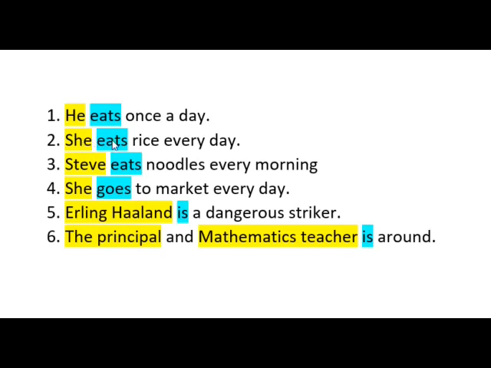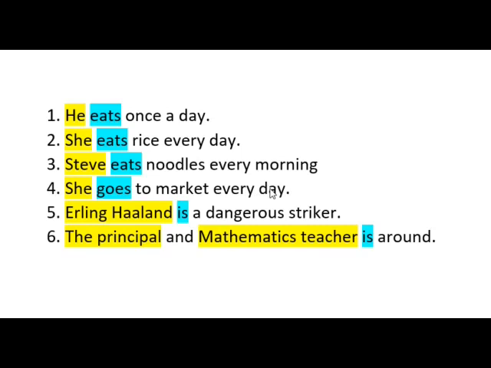That is why the verb should be eats with an S. Number 3, Steve, a name of a person, a single person, eats noodles every morning. Number 4, she, another singular subject, goes to market every day.